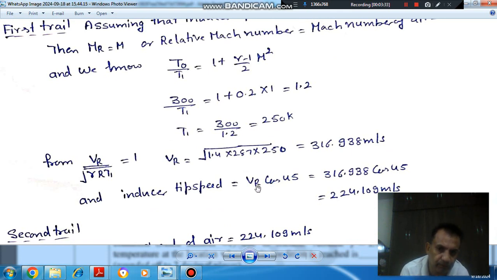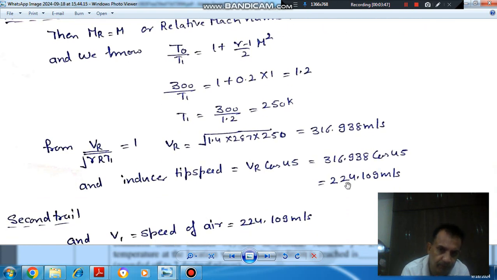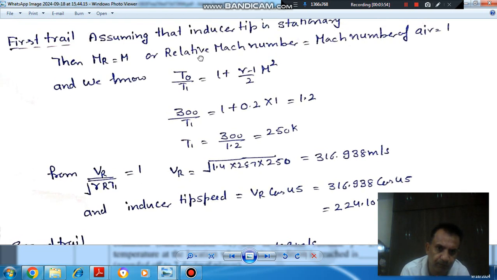Now we have some inducer speed, 224.109 meters per second.